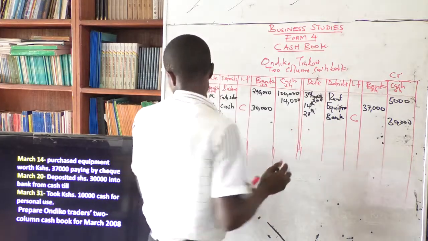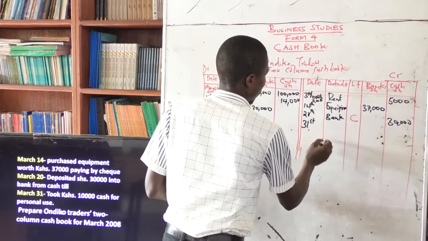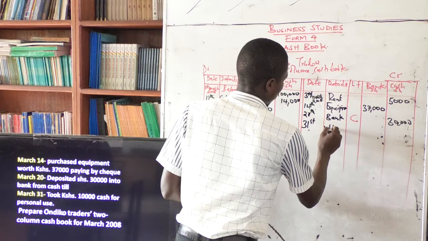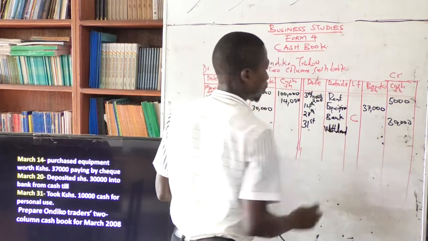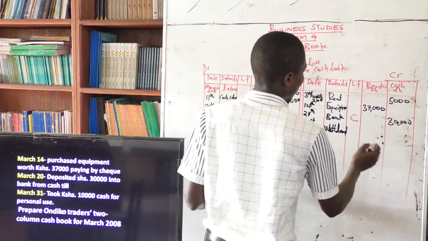So we are going to say 31st, withdrawal for personal use, and it was 10,000 cash.